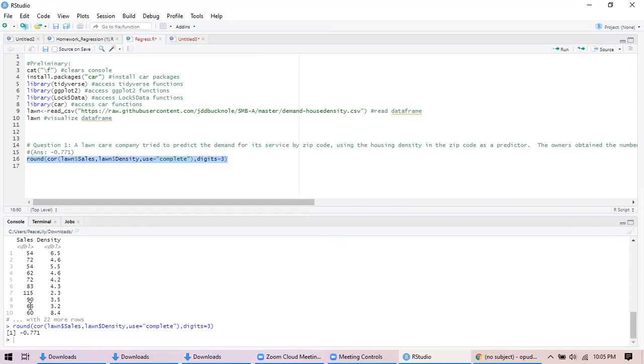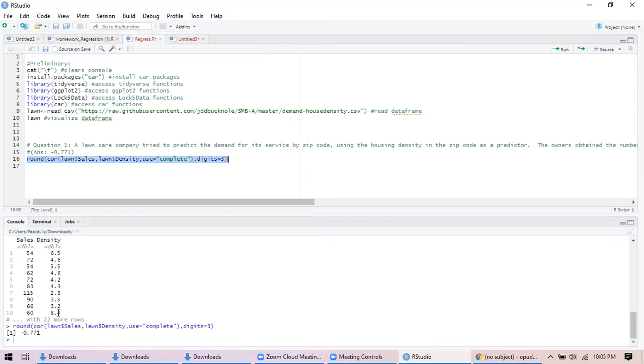If you look at the sales file, it's actually not that big. The sales and density are the only columns they have. So if you take a look at the density column, you see how it's decreasing. It starts from 6.5 and goes down to 4.2.